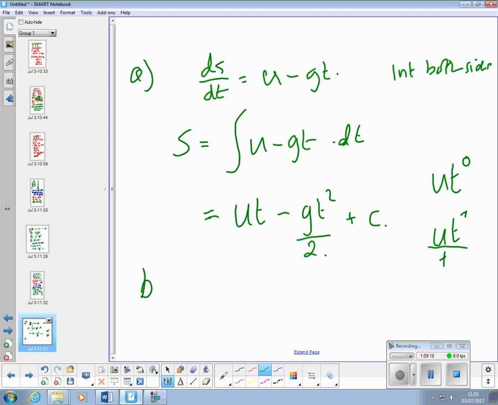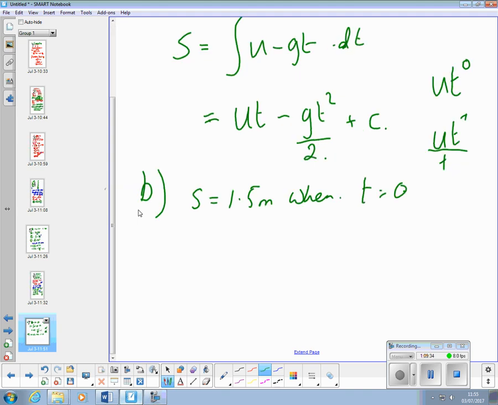Part B says S is equal to 1.5 meters when t is equal to 0. Yep. So this is finding a particular solution.